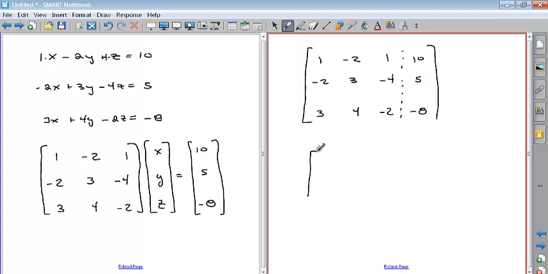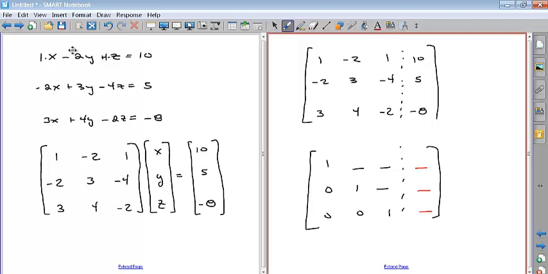Ultimately what we want is 1, 0, 0, 1, 0, 1, and then we have numbers in here and numbers over here. This one will give us the solution for z. We can back substitute into this equation to get the value for y. And then we can back substitute y and z back into this one to find x.